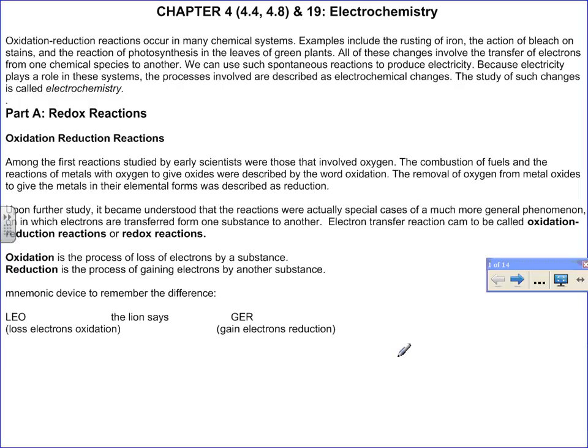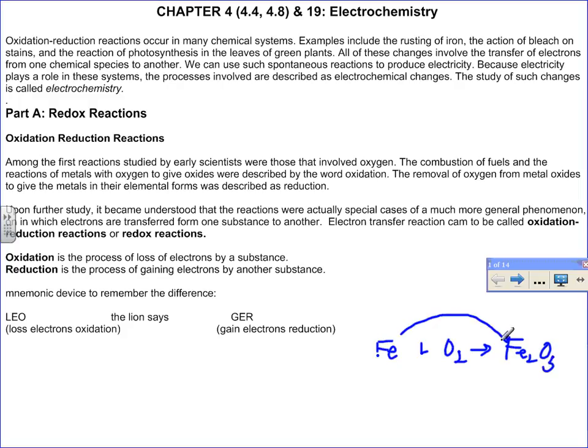Further studies showed that there are actually many more reactions that involve this more general phenomenon, which is where electrons are being transferred from one substance to another. So for example, in the iron example, when iron reacts with oxygen to form rust, we're forming an ionic compound.